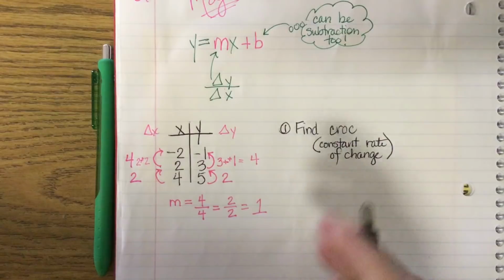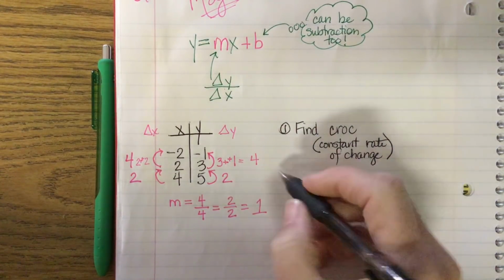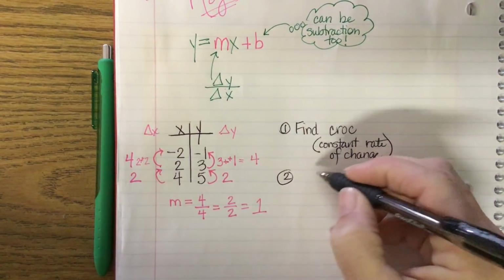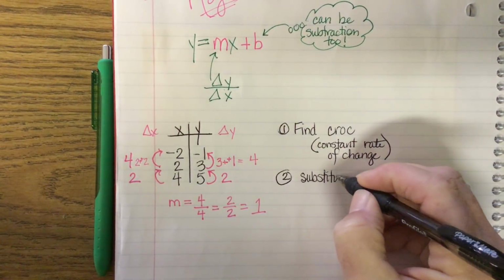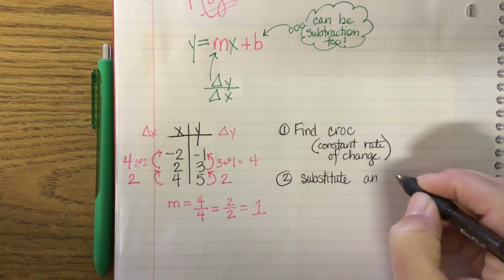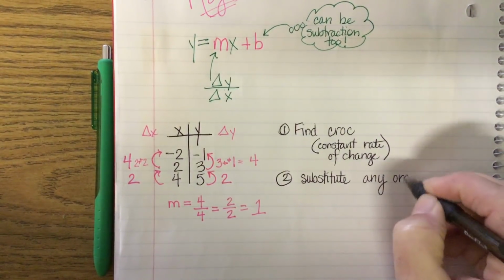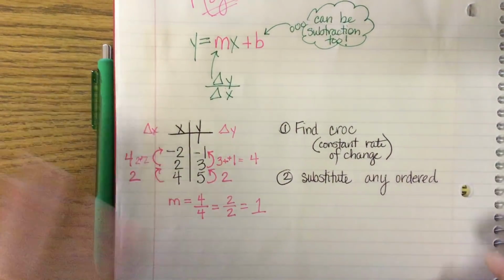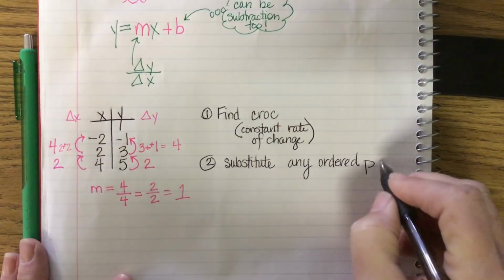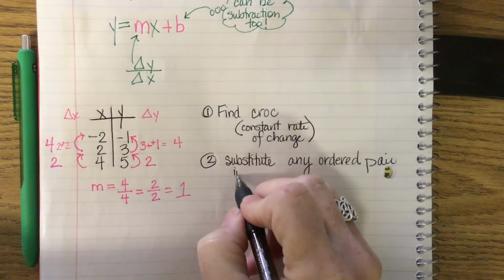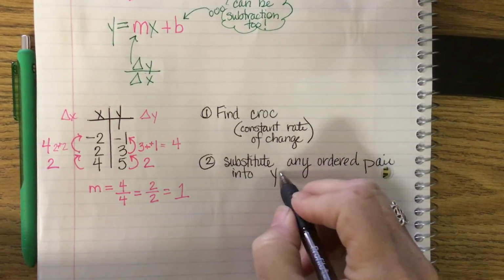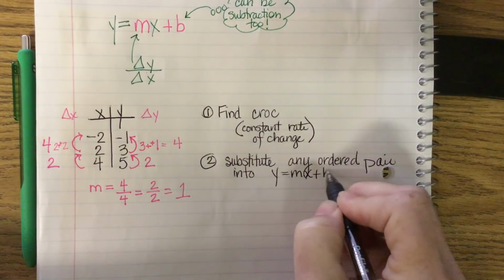Then step 2, you are going to substitute any ordered pair into y equals mx plus b.